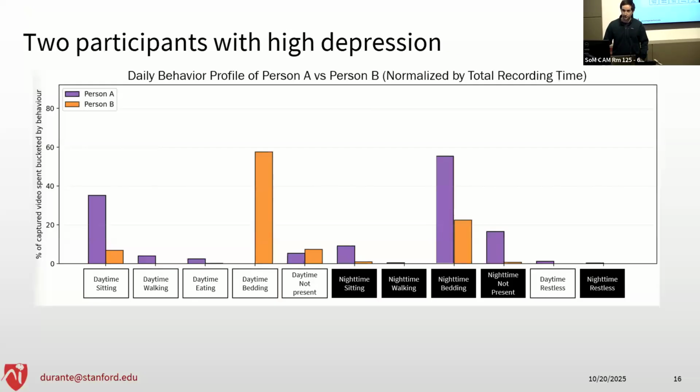And this can also be a useful way to visualize and understand a patient without having to look through 4 days of video or something like that. And here's some examples where the 2 patients have very different statistics.